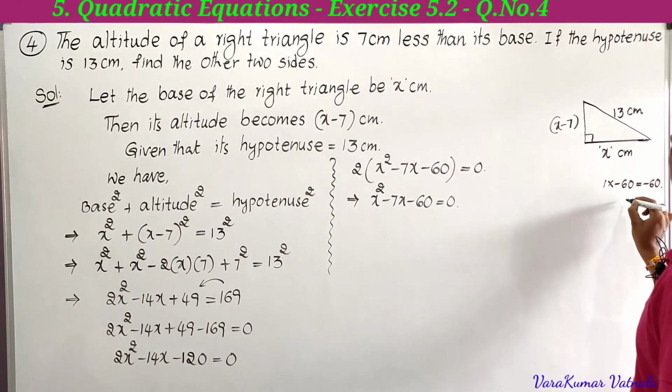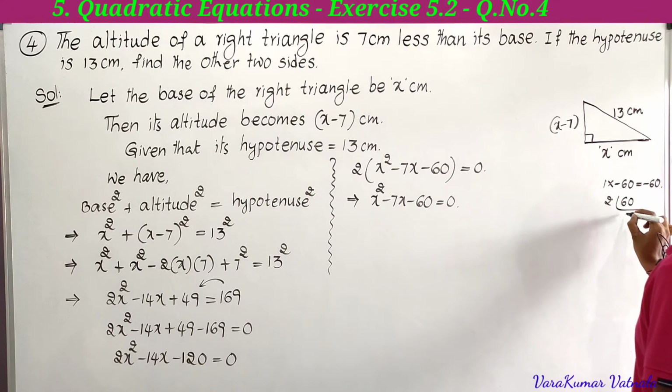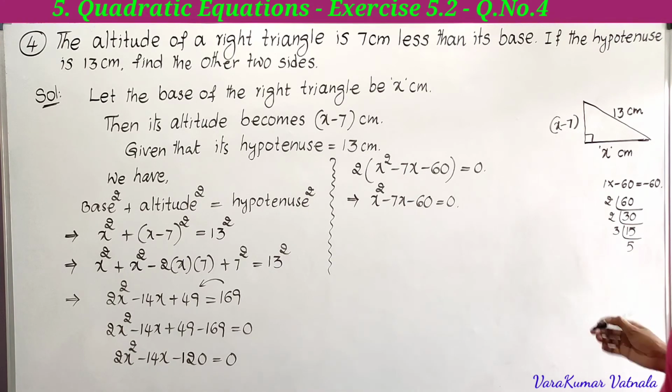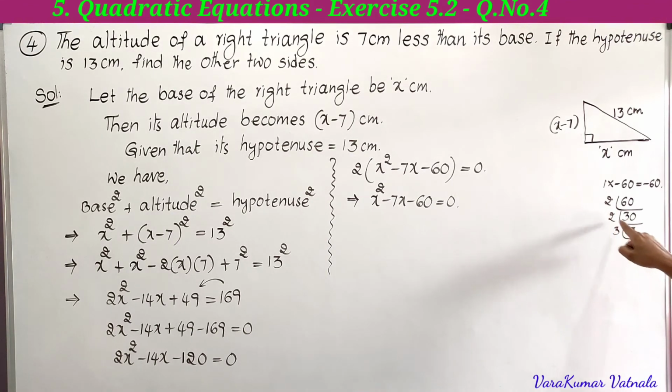So here how can we find the factors? Just resolve into factors. 2 into 30. So next 4 into 15 and 3 into 5. So just we have to select. So 2 into 30 is not possible. 4 into 15 is also not possible. But here 2 into 2 is 4, 4 into 3 is 12, 12 into 5 is 60.